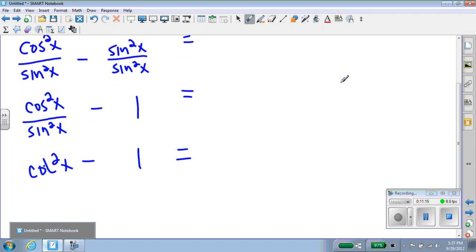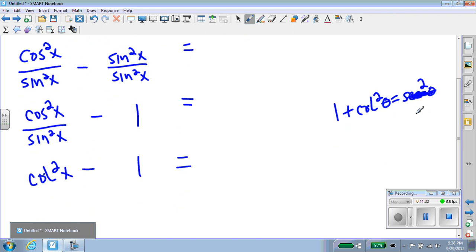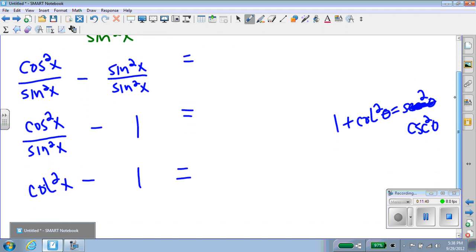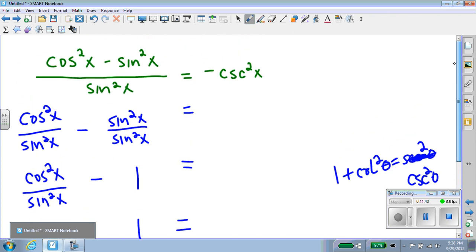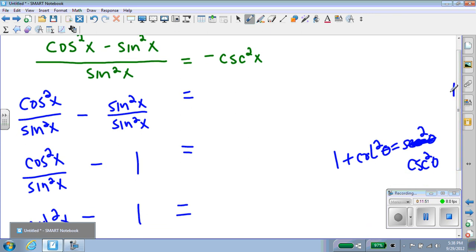Okay, so the Pythagorean identity goes 1 plus cotangent squared theta equals cosecant squared theta. I have a mess here. Okay, cancel this problem. I think I have a copy error. All right, see you tomorrow.